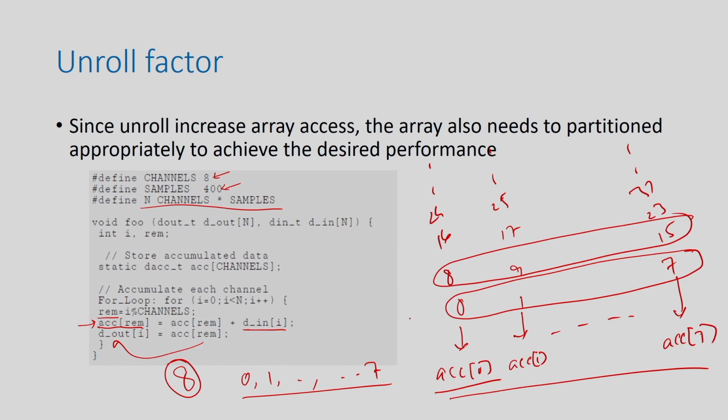So, I can put an unroll factor of 8, so that iterations 0 to 7 will execute in one iteration, 8 to 15 will be executed in the next iteration, 16 to 23 in the next iteration and so on. Okay. So, this is what I can do. So, I am going to do that.